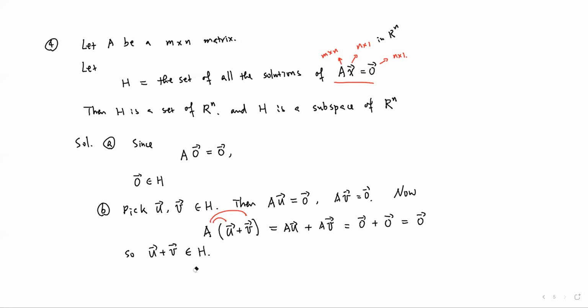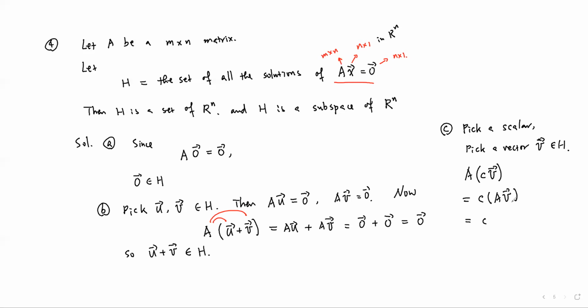Okay, now property number C. Take a scalar c. Take a vector v from H. Now I want to see whether c times the vector is still in H. H is the set of all the solutions of this equation. Now have a check. A times c v. The scalar c can be moved out.